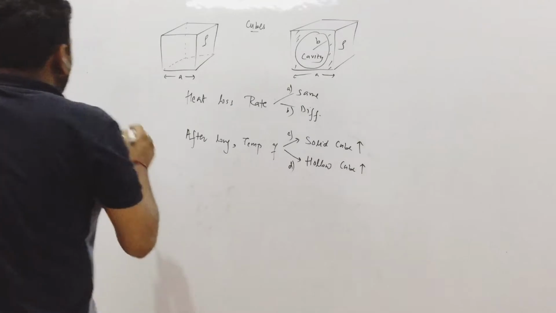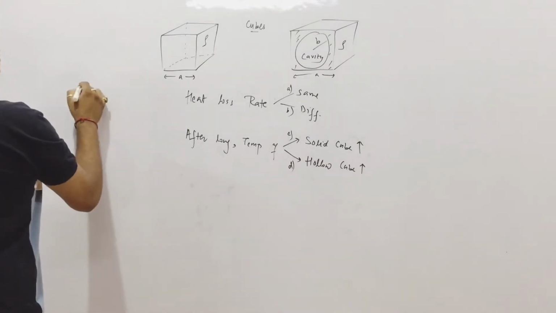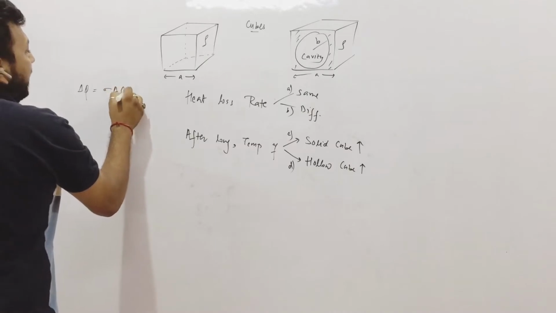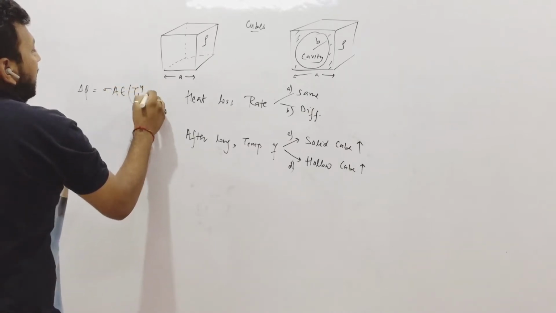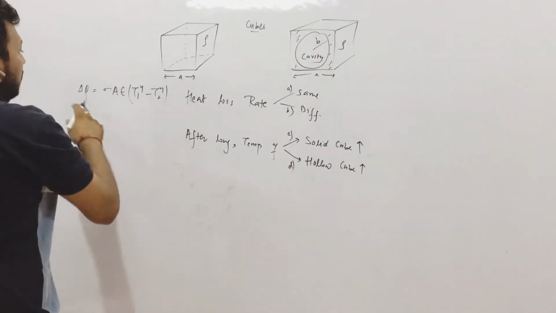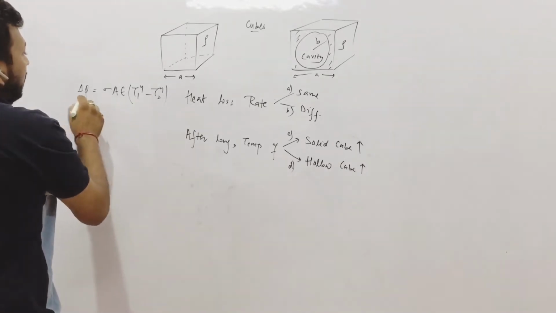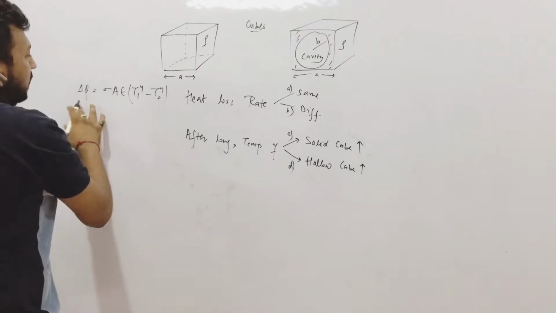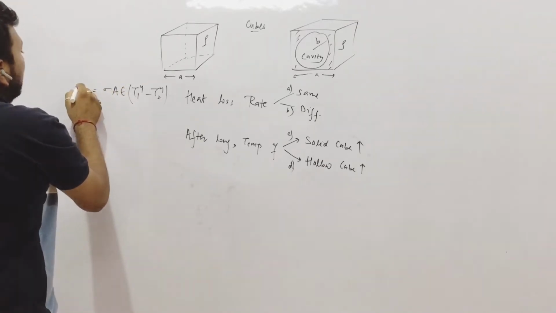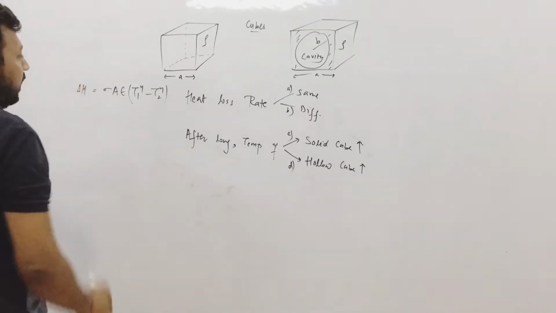I hope you know the formula of delta Q. Delta Q is sigma A emissivity (T1 to the power 4 minus T2 to the power 4). So delta Q upon delta t, the total heat loss, is actually your delta H, the heat current.